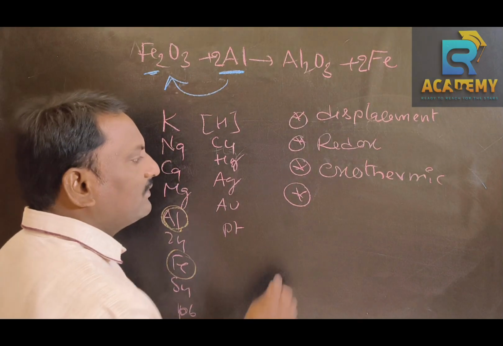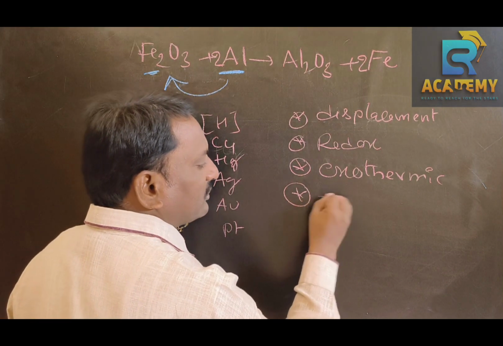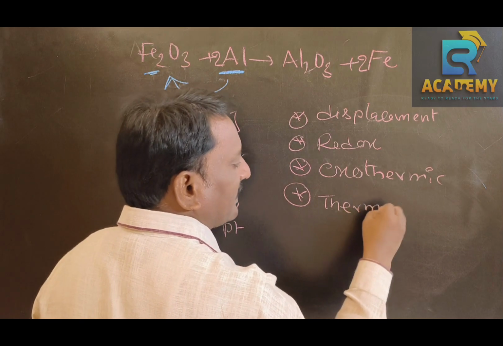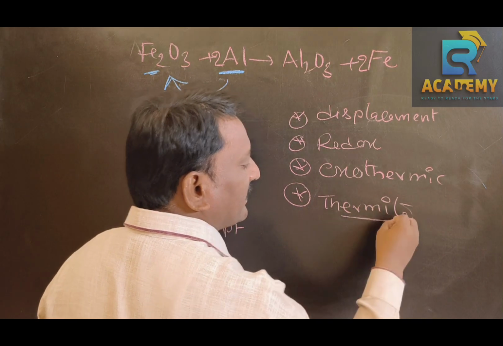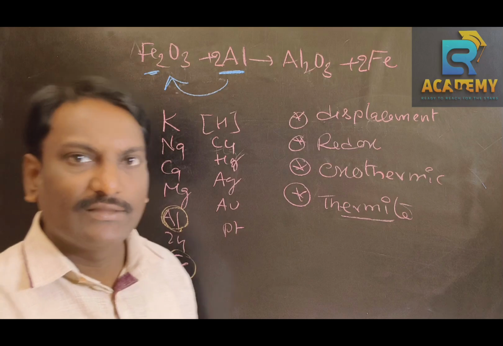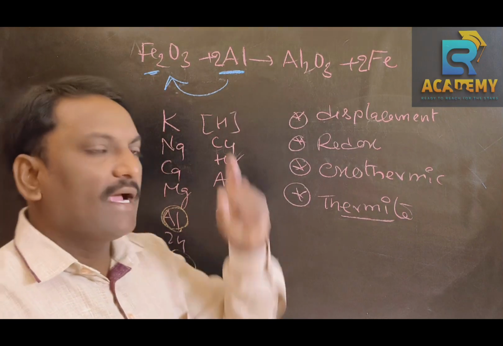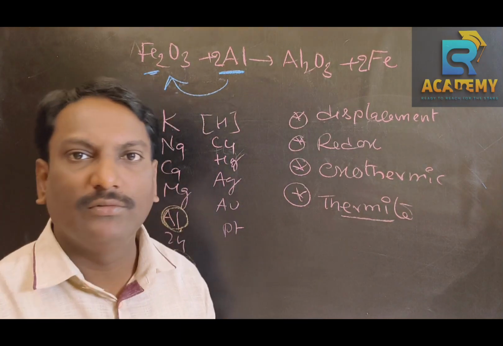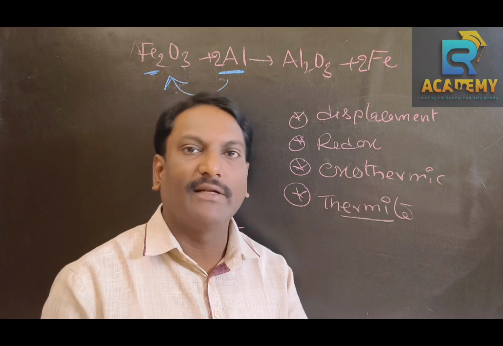At the same time, it is called the thermite reaction, or aluminothermite reaction, or simply thermite reaction. This reaction is used to join the railway tracks.